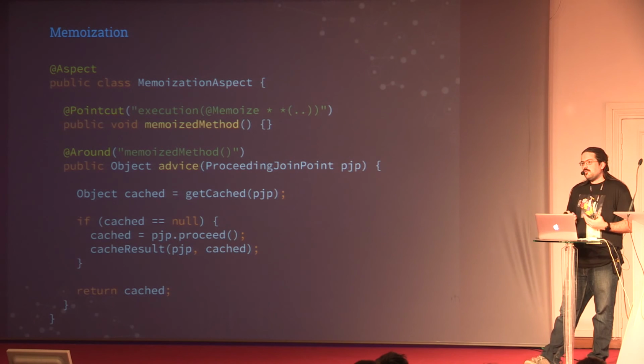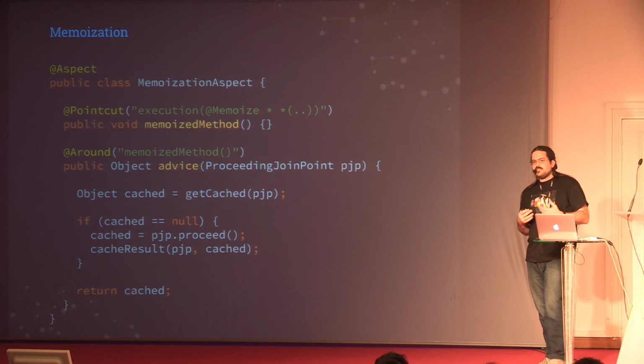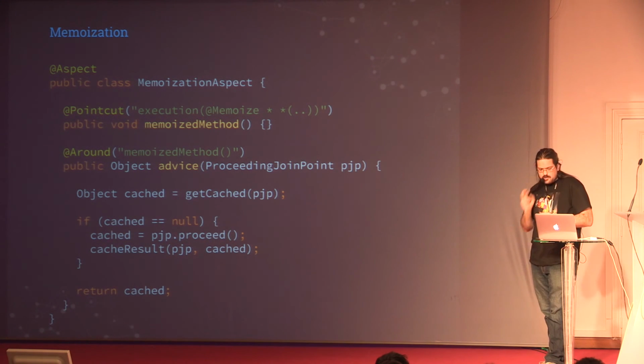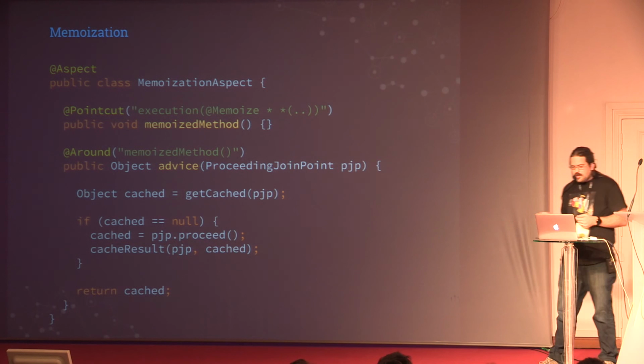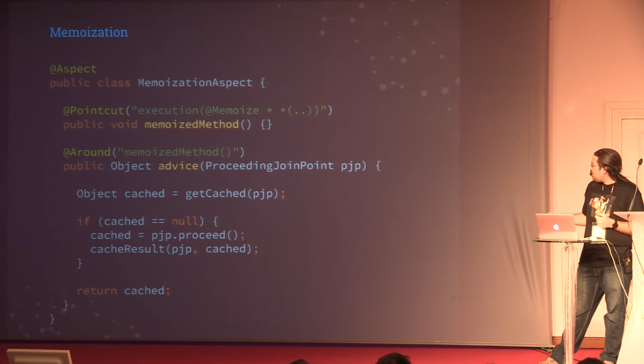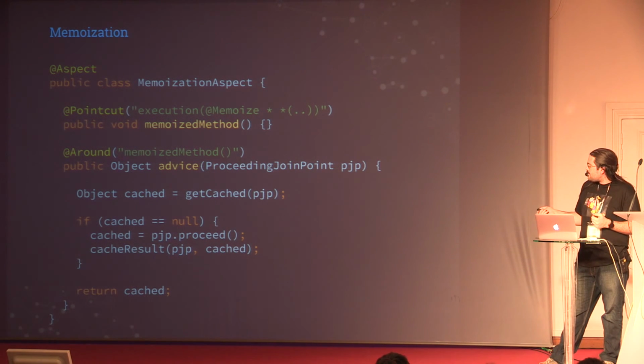We can also add memoization. Memoization is basically adding a cache to methods themselves. So we always use an annotation, and here we just keep a cache. So when I run, again I use the Around annotation.